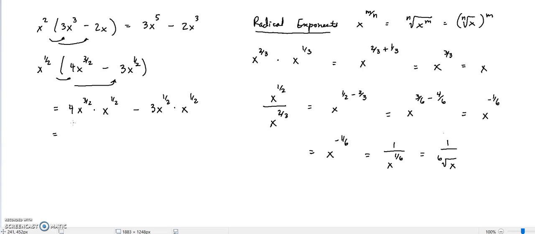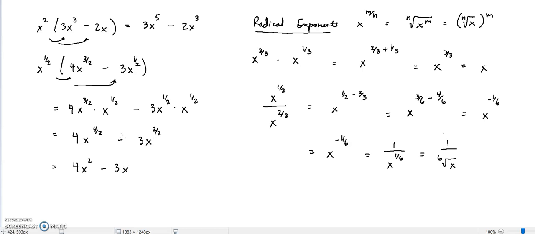All right. And we remember from our rule before, we're going to add these exponents. So they already have a common denominator. And when I add them, I'm going to get x to the 4/2 and x to the 2/2, and both of these simplify. So that's going to give me 4x squared minus 3x.